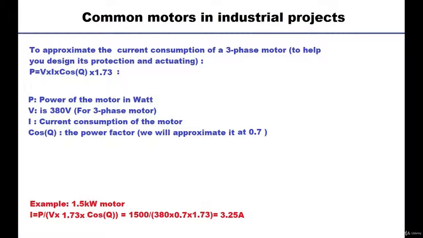And note that this is not the inrush current, this is the nominal current, the current that the motor is using during normal operation. To know what our inrush current is, we can check the data sheet, or we can take the nominal current and multiply it by 6 to get an approximate inrush current.